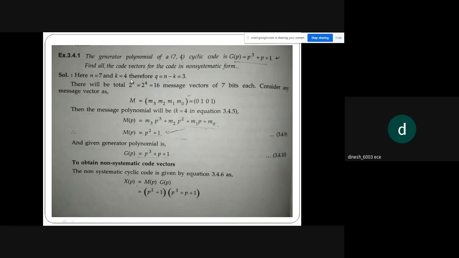So n is 7, k is 4, so 7 minus 4, which is 3. Now we should see how many possible code vectors can be found. Since k is equal to 4, 2 power 4 will give 16 message vectors. So these message vectors will vary over m0, m1, m2, m3. So this is the message vector.